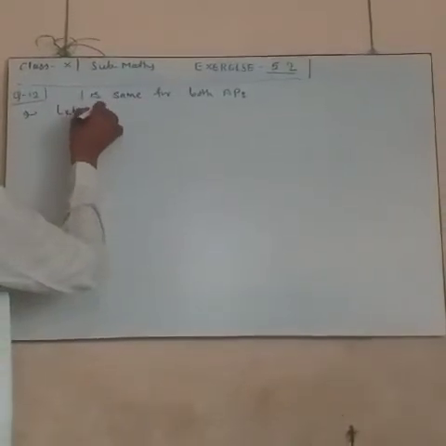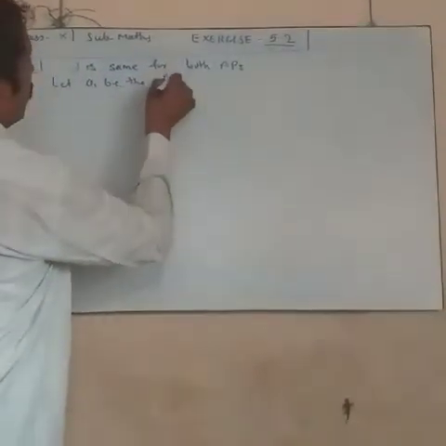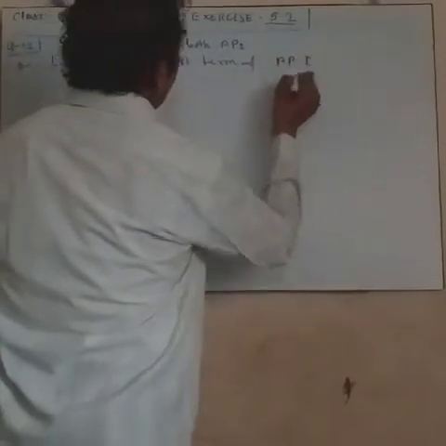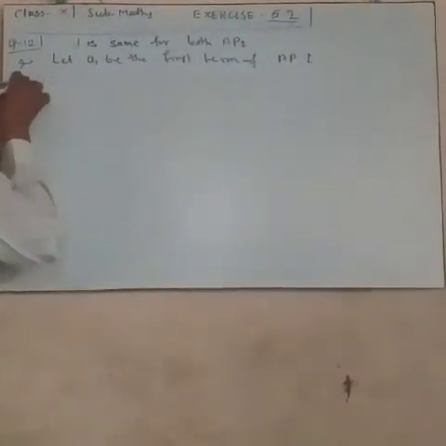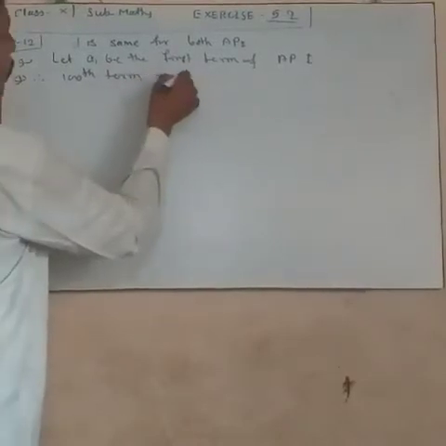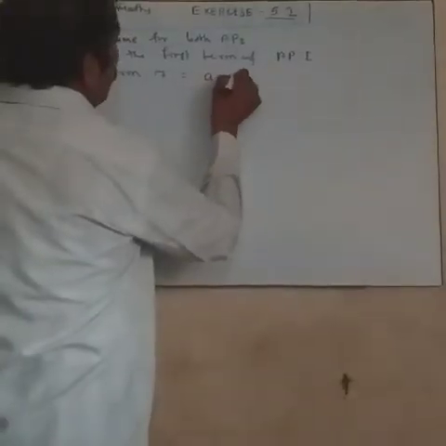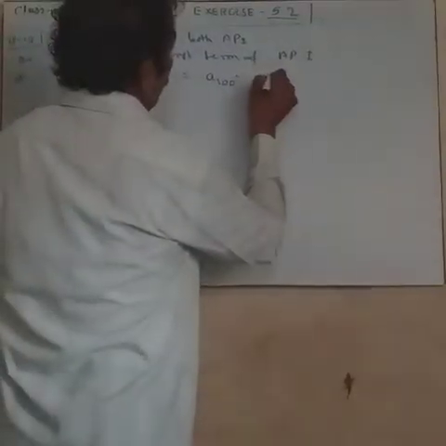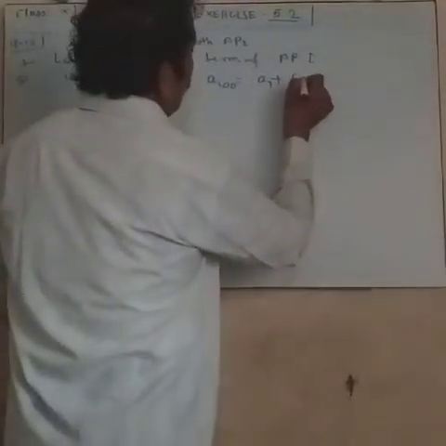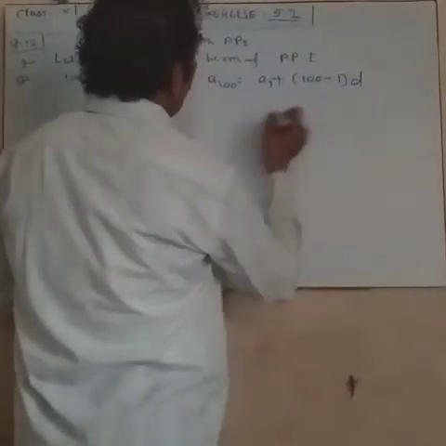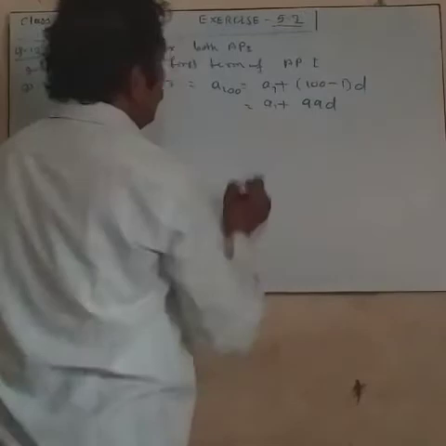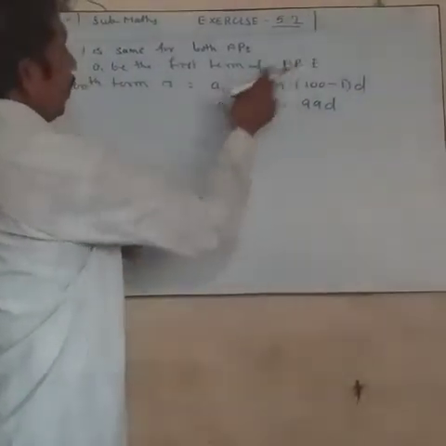Let A1 be the first term of AP1 and therefore the 100th term A100 is equal to A plus n minus 1 into D. A is the first term, A1, then 100 minus 1 into D. That is equal to A1 plus 99D. This is the 100th term of AP1.